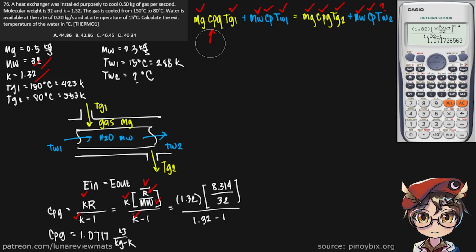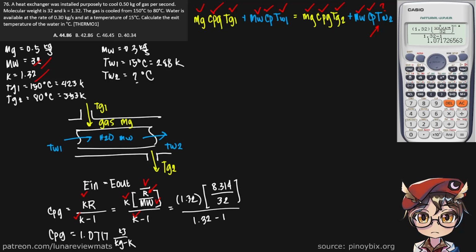So now we have this, so we can do a shift solve for our water exit temperature. Actually, there is a better way of writing this relationship.